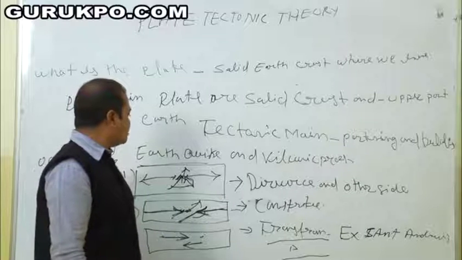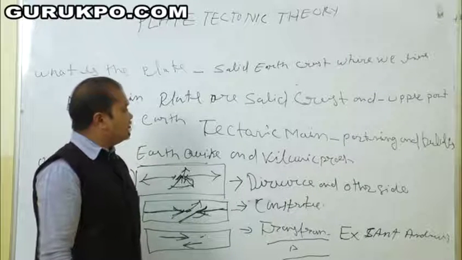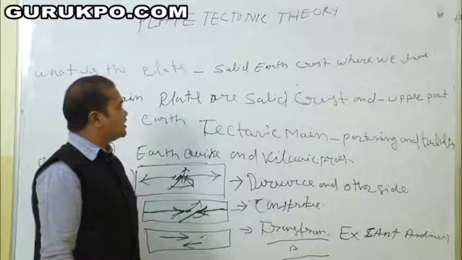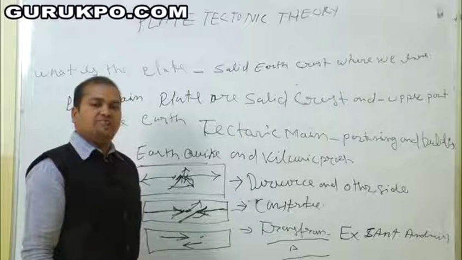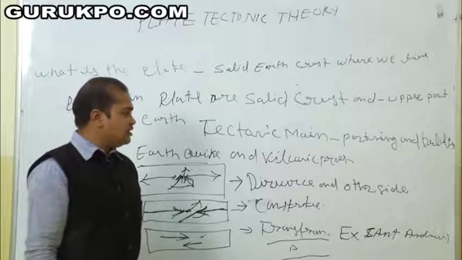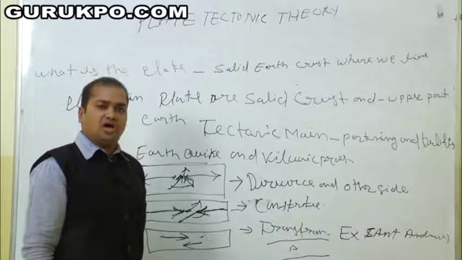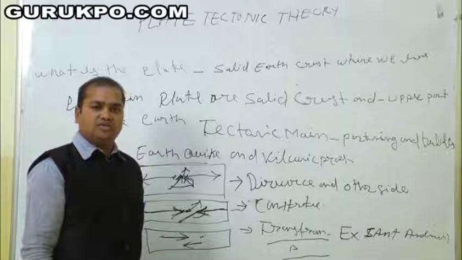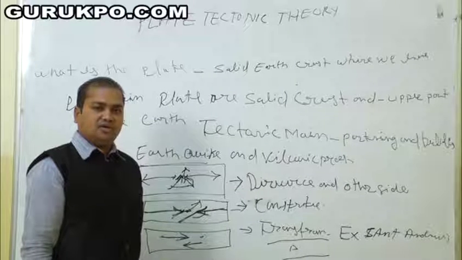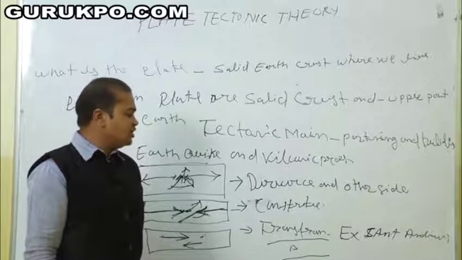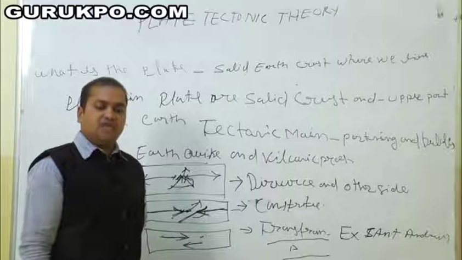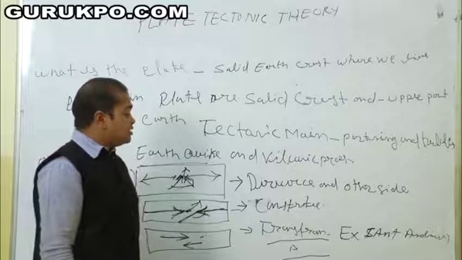But we can say these are the most important things of the plate tectonics theory. Most people are not aware of what a volcanic eruption is and how it is used. What is a tsunami? Tsunami means harbor waves.